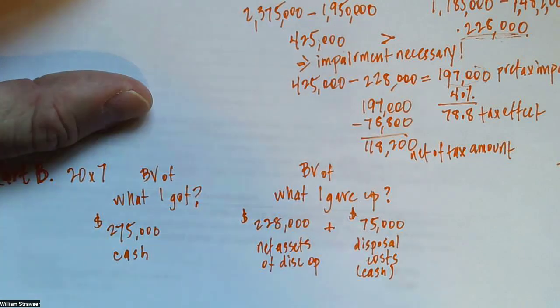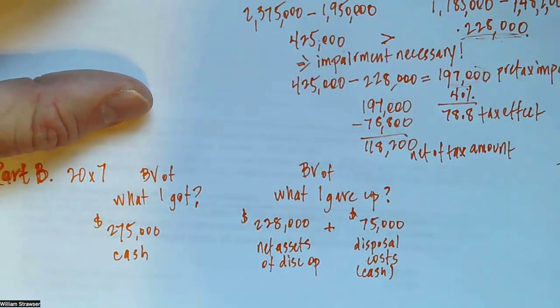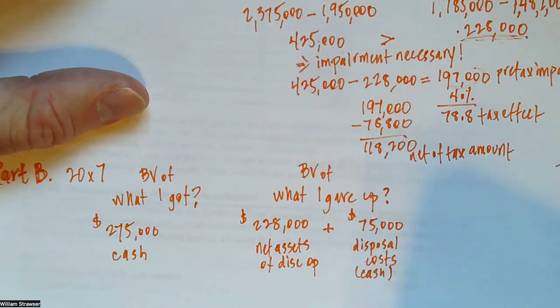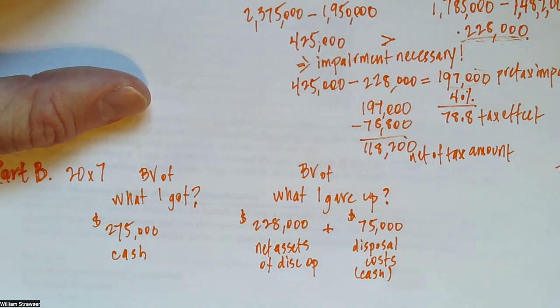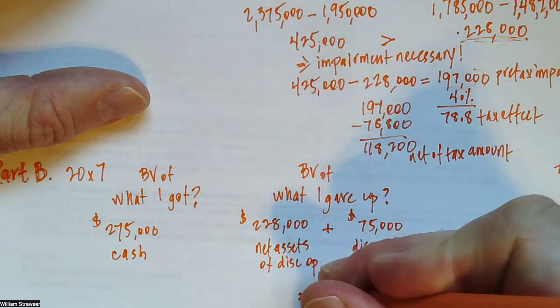Now, in terms of recording a gain or a loss, if what I got exceeds what I gave up, then that's a gain. But if what I gave up exceeds what I got, then that's a loss. Like I got less value than I gave up. So in this case, 228 plus 75, that's 303,000.